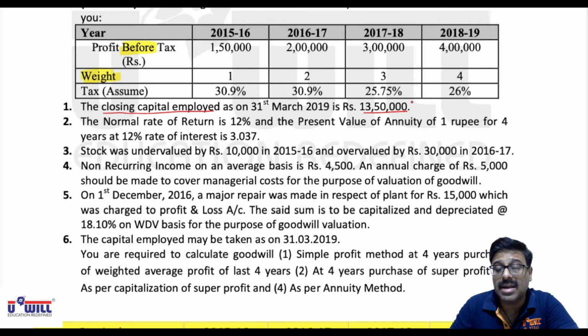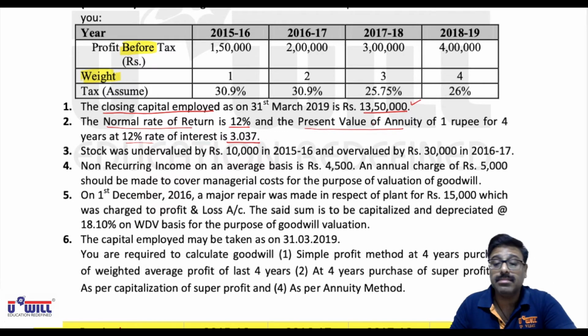The normal rate of return is also directly given, 12%, and the present value of annuity of 1 rupee for 4 years at 12% rate is 3.037. So this will be used in the annuity method because we have to do super profits into annuity value.